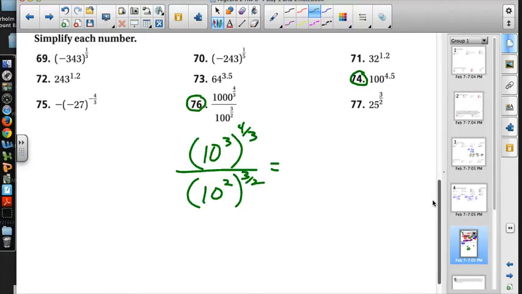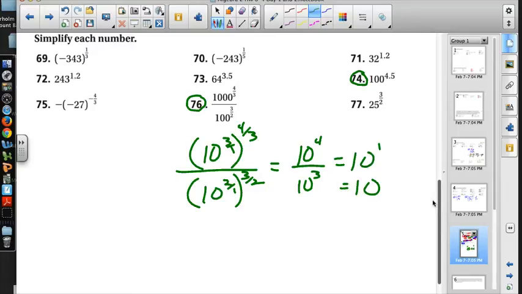And then when you raise a power to a power, you multiply. So we'll have 3 times 4/3. The 3's are going to cancel out, and we're going to get 10 to the 4th. And on the bottom, 2 over 1, the 2's are going to cancel out, and we'll get 10 to the 3rd, and 4 minus 3, 10 to the 1st, which is 10.